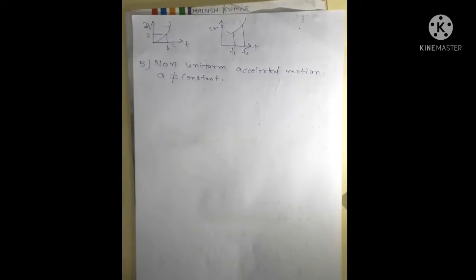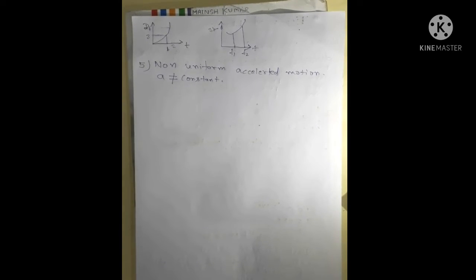Non-uniform means not the same; uniform means the same or equal. Here acceleration is not constant. This type of motion is called non-uniform accelerated motion.